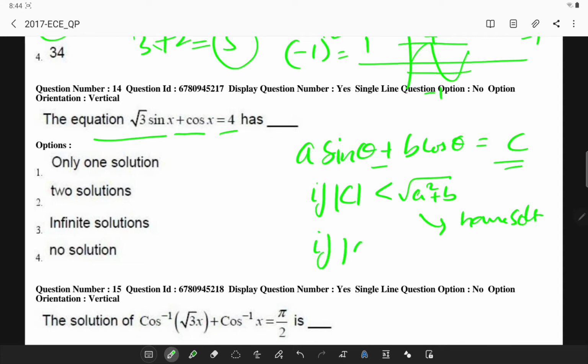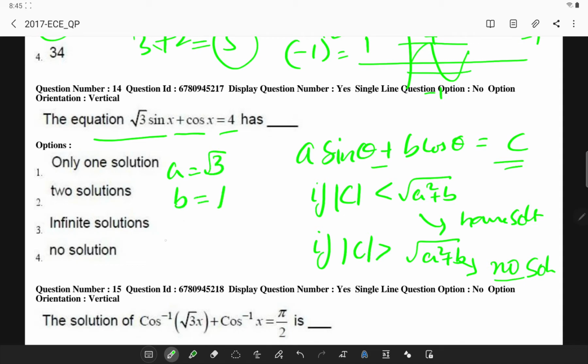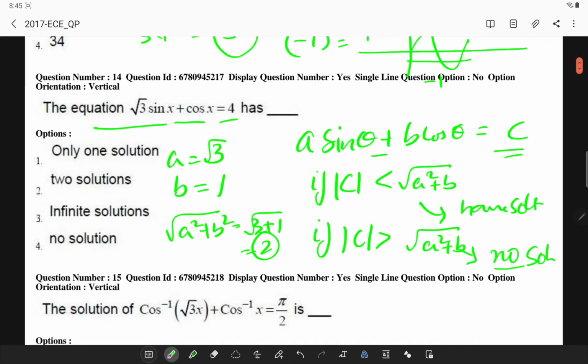If modulus of c is greater than root over a square plus b square, it will have no solution. In this case, a is root 3 and b is 1. So square root of a square plus b square is square root of 3 plus 1, which is 2. So the condition is 4 is greater than 2, therefore this will not have any solution. So this you have to remember.